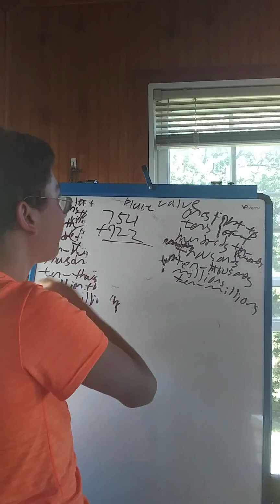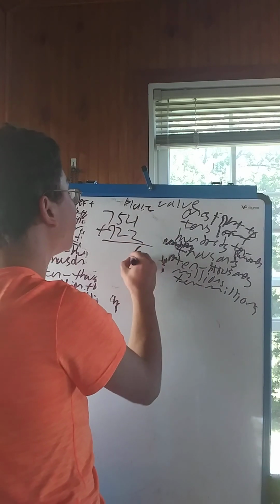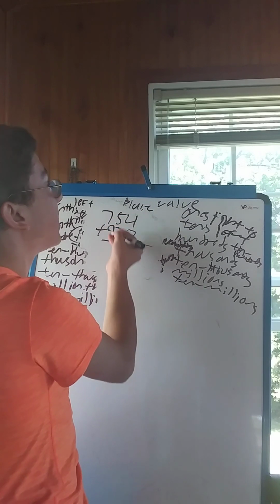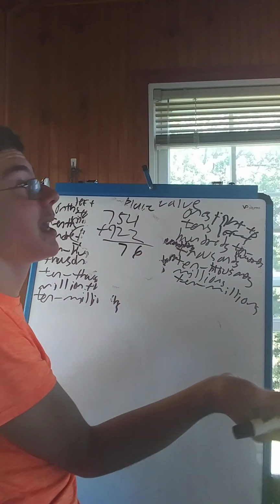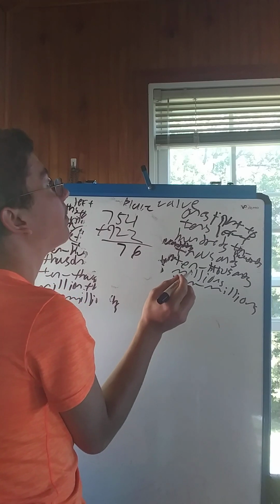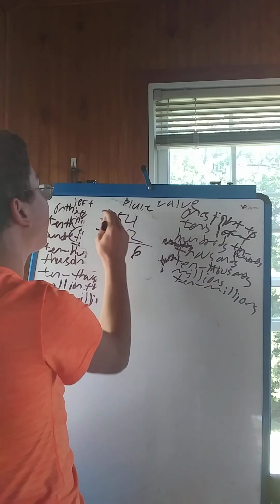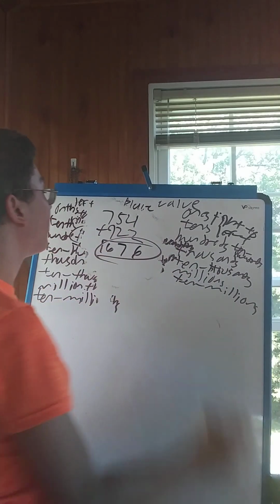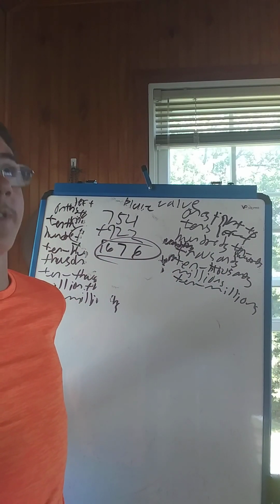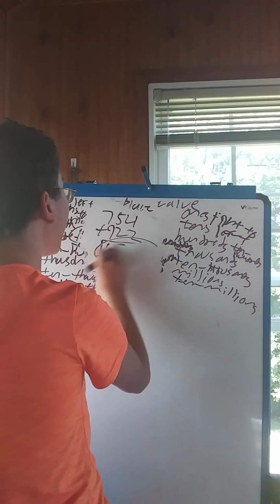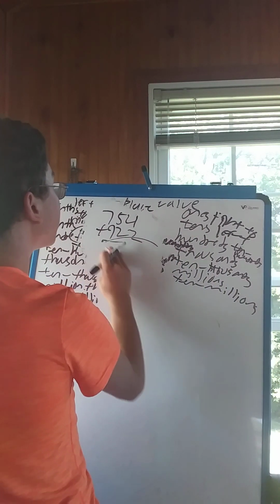So 4, 5, 6, 5, 6, 7, 9, and then we just add 9 to 7, and we just drop it down because there's nothing to carry. So 9, 10, 11, 12, 13, 14, 15, 16. And that would be the answer for that one. Okay, so I think that you can all see how I got that one.